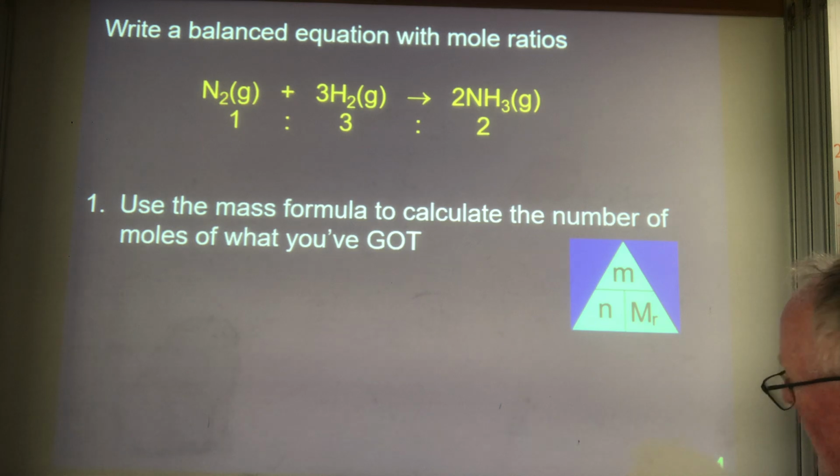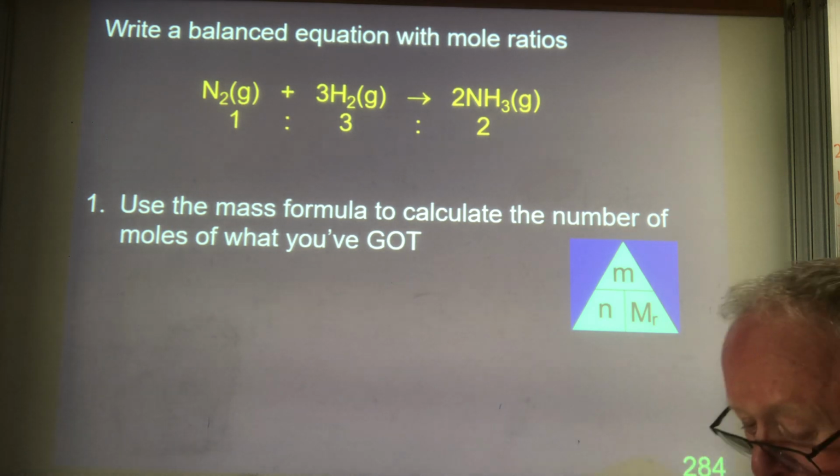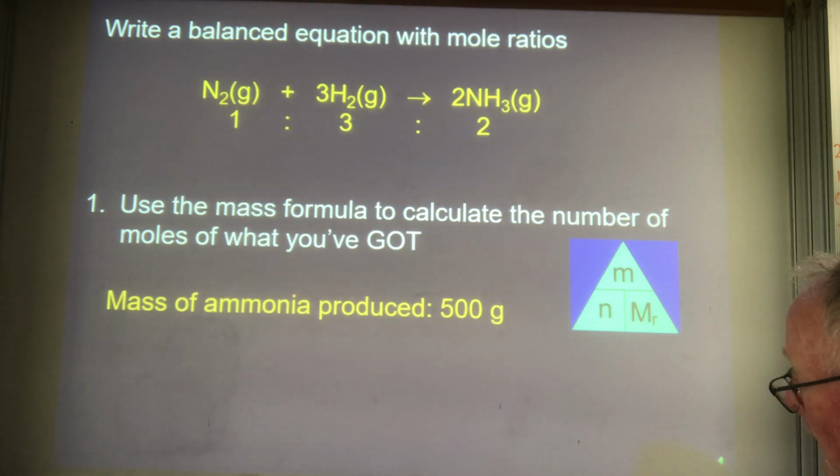First step is to calculate the moles from the given information. So looking at that question, what are we being told that we can use to work out the moles? Well, we've got the mass of ammonia. So we just have to use the mass formula to work out the number of moles of ammonia.